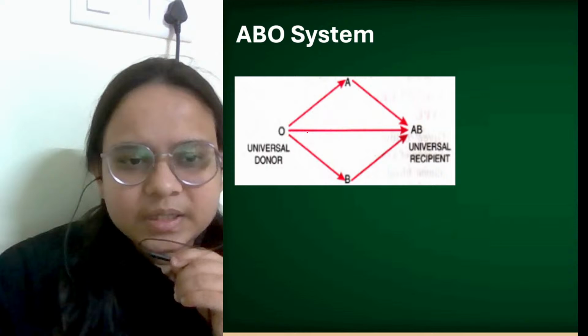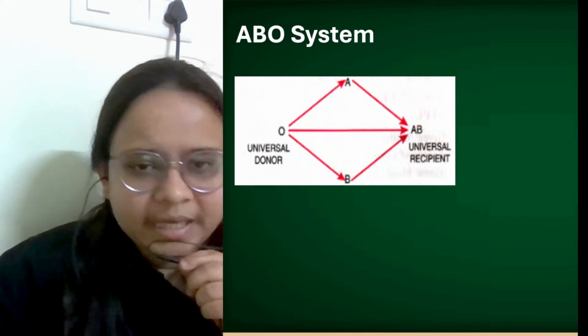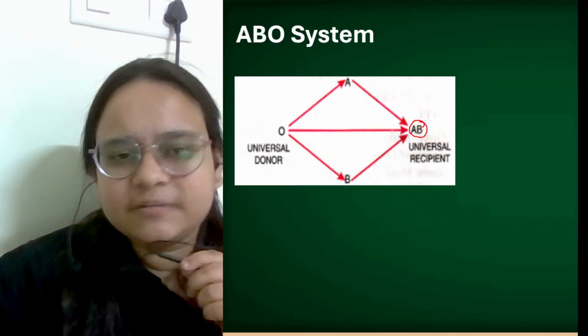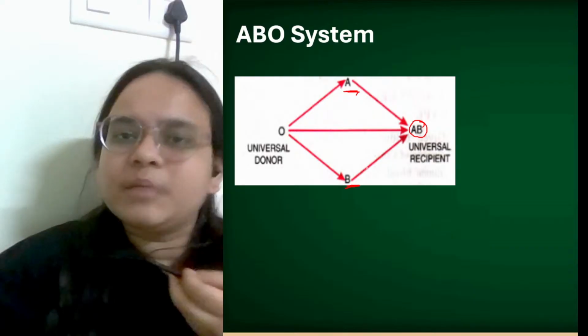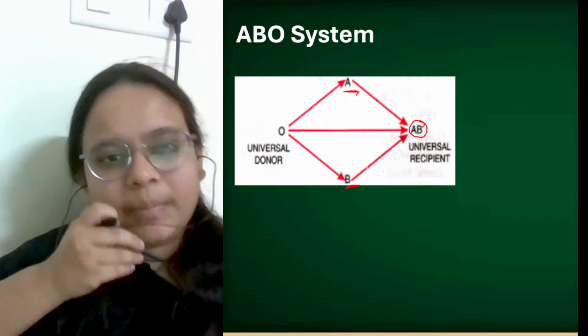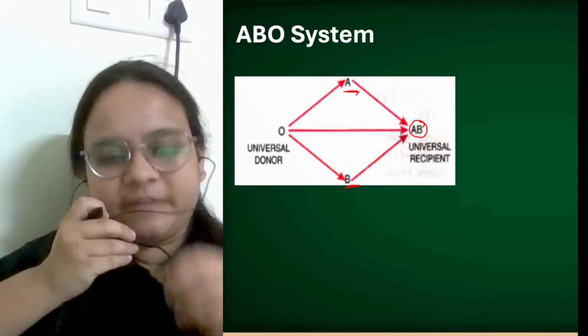ABO system. So in this arrow diagram we can understand that AB can receive blood from O, from A, from B, and from itself also, right? But O can donate to everybody and AB can receive from everybody.